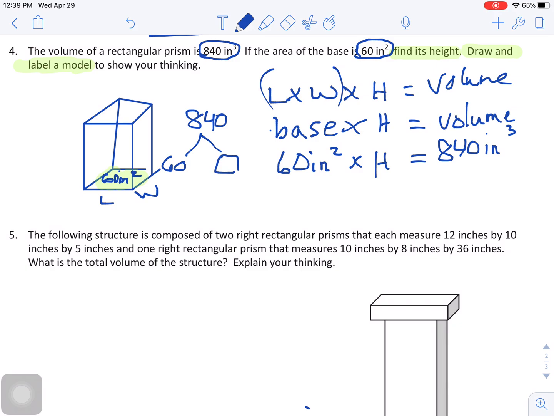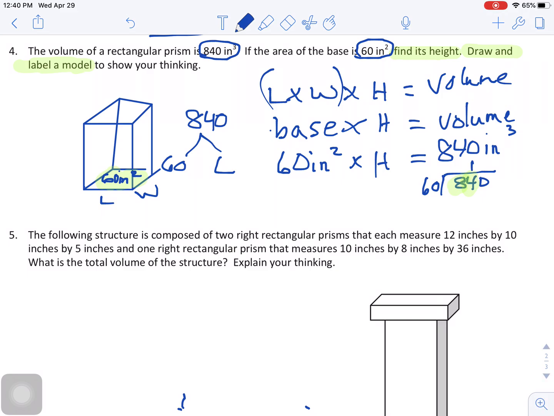So let's go ahead and solve this. I don't know if I'm going to have enough room there, so let me undo that. So 840 divided by 60. I know that 60 does not go into 800 without regrouping, but it does go into 84, and it goes in one time, right?